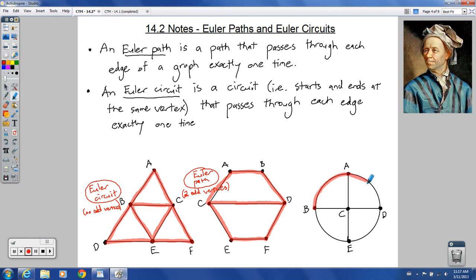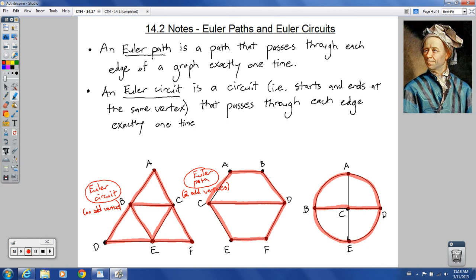If I started at one of the odd vertices instead, and I tried to loop around, let's see what happens. So I just make the whole circle there, but then when I go to here, I'm stuck no matter which way I go. If I end up going this way, I have to cross over an edge again. This way, same thing, I have to cross over an edge I've already gone over again.